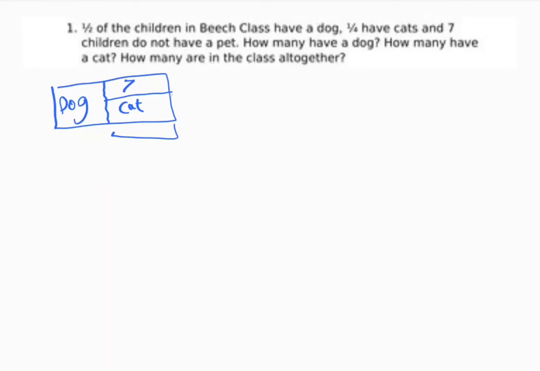We know this bit is a quarter, and here is a half, so we need to work out the remaining bit as a fraction. We have several methods. One of them is to remember that the whole, or the total, is 1. So we say 1 minus a half minus a quarter.